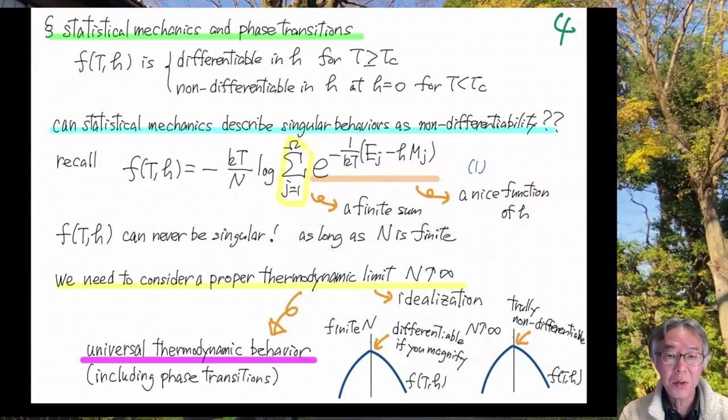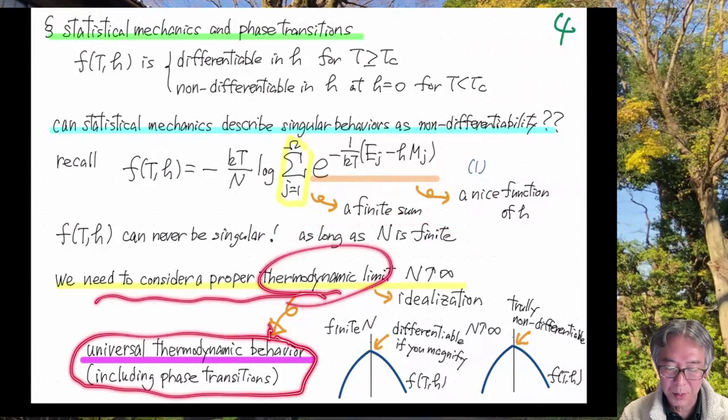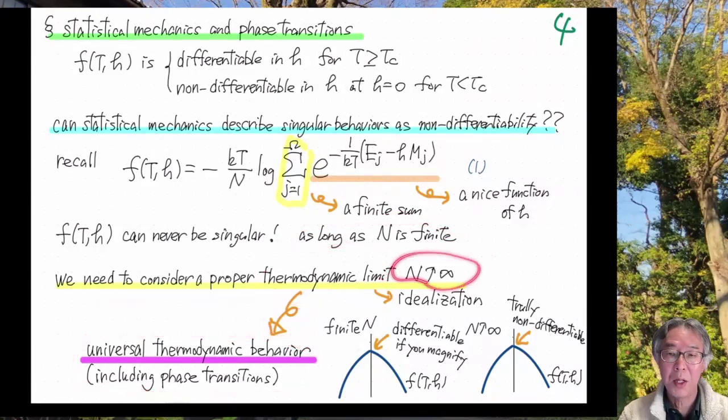So in order to describe universal thermodynamic behavior, including phase transition, we need to consider the thermodynamic limit, in which the system size, the number of spins, the amount of substance becomes infinite. No magnetic material has infinite spins, but this is a kind of idealization we always consider in physics.